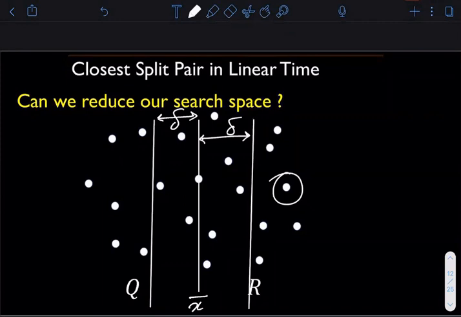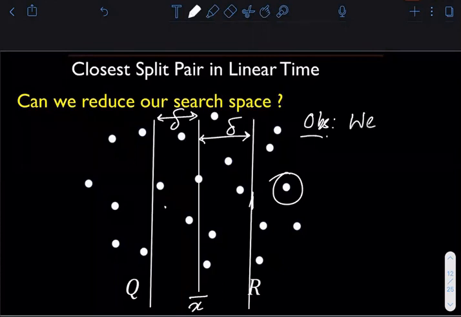And that's very clear, right? Because one of the points has to come from the left half. Now, if you take any point on the right half, which is beyond this boundary, then the distance has to be more than delta. So clearly, we don't care about such pairs of points.